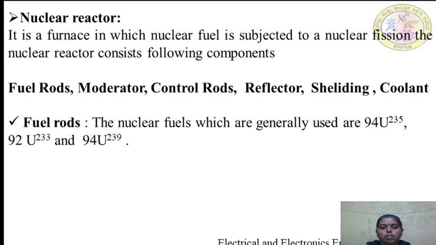Very first is the fuel rods. What are these fuel rods? Uranium-235, uranium-233 and uranium-239 are used as nuclear fuels in the nuclear power plant.